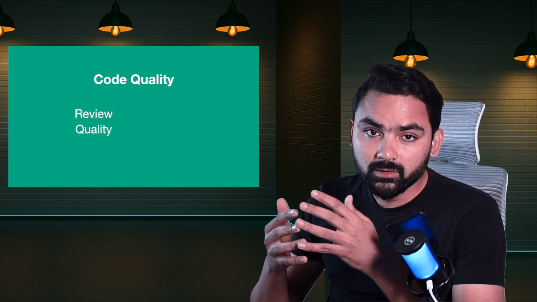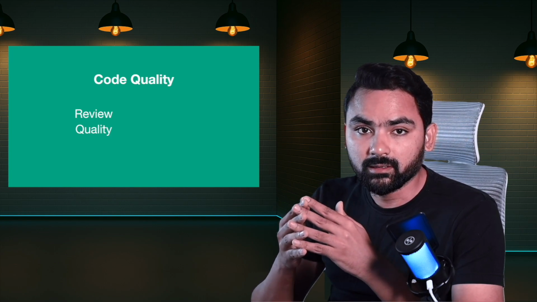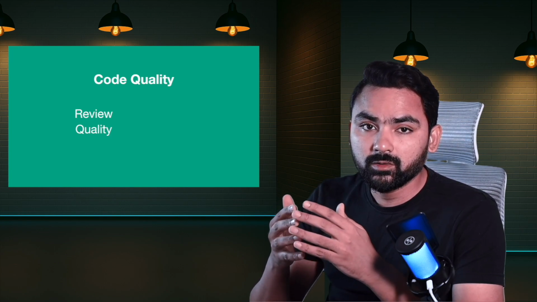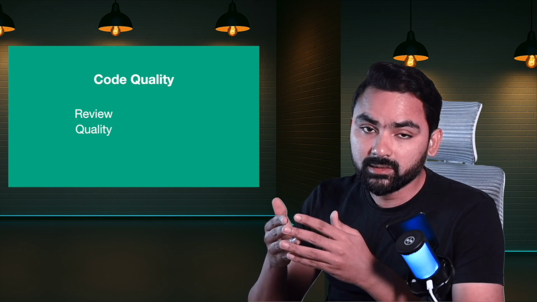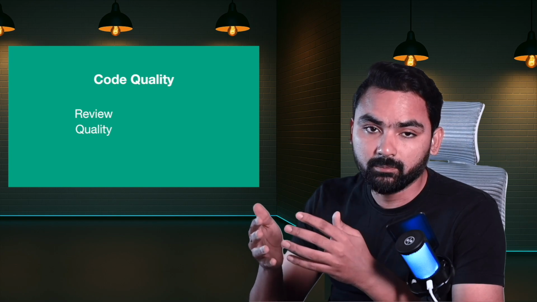When it comes to the review process, we need to set up a prerequisite self-checklist for developers. They need to go through the complete checklist and review by themselves before raising the PR to their team members.